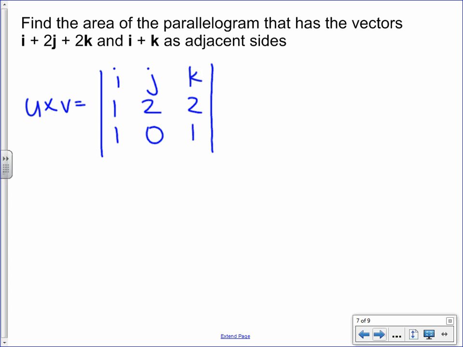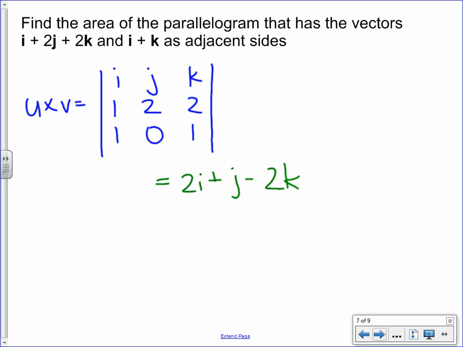You found it? Yep. Be careful when you have zeros thrown in there. Zeros make it nice, but for some reason, when we're working with determinants, it's really easy to forget that when you multiply by 0, it's 0. I find that students make that mistake a lot.